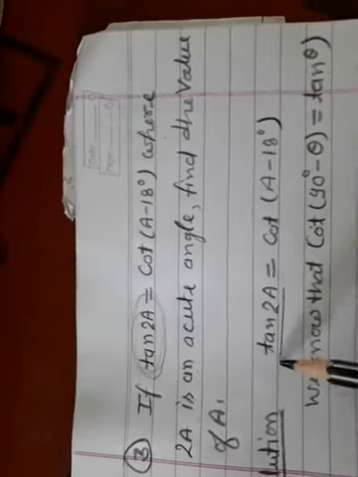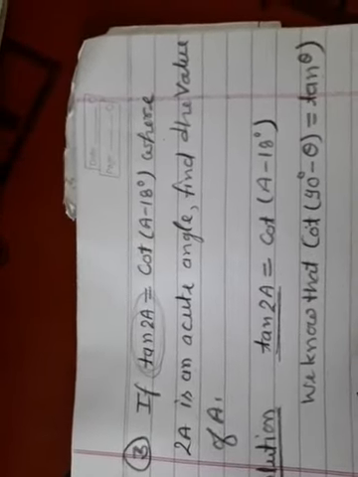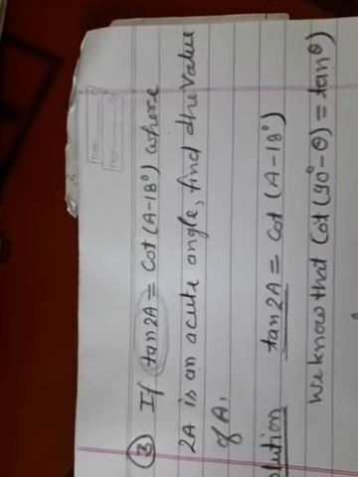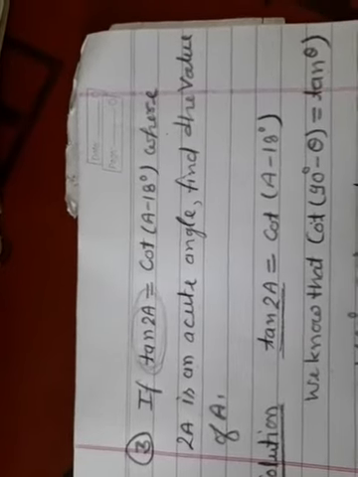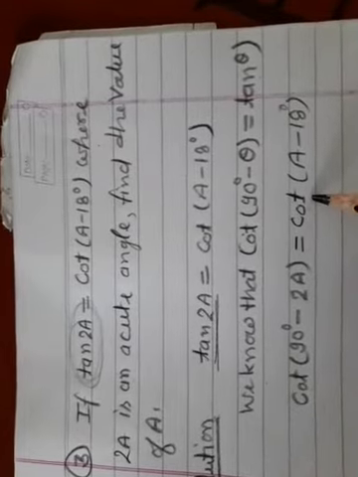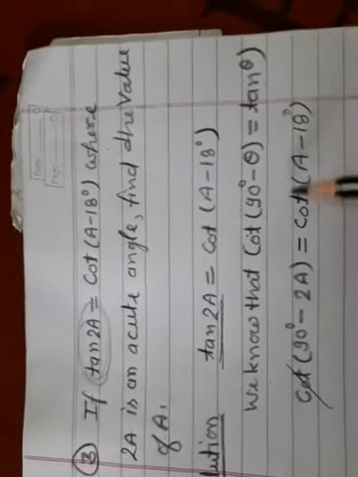So tan 2a now write in cot 90 minus 2a. Clear? This one is right, cot a minus 18 degree. So both sides have cot, so this portion is cancelled.